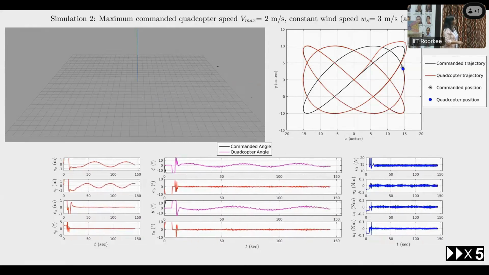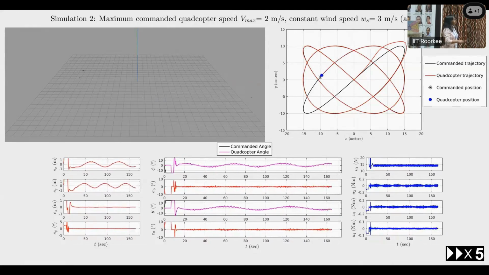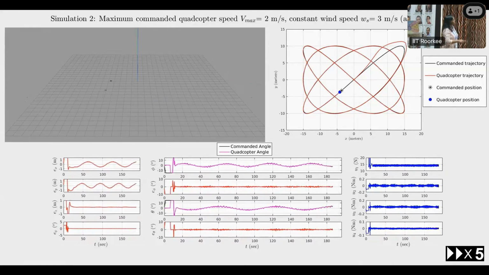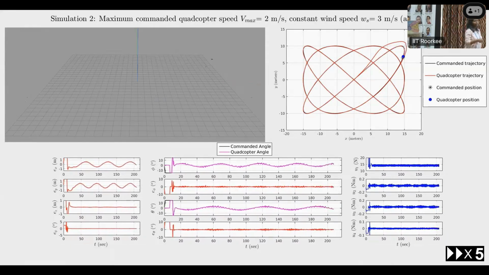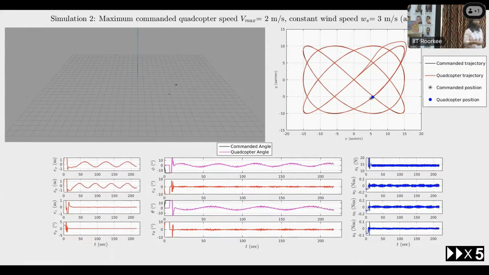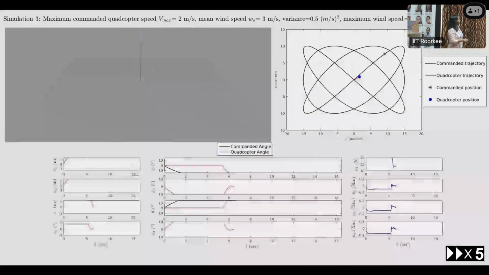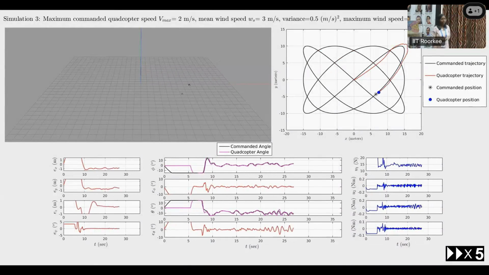And if you look at this section, it is more or less linear. So if we apply a disturbance on the x-axis, you will be able to see the deviation more clearly, whether our controller is really able to reject that disturbance or not. That's why we have chosen the wind direction in the positive X direction.